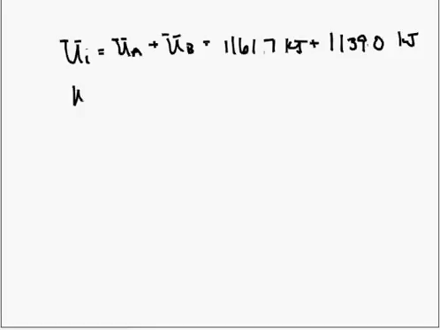And so U initial equals 2,300.7 kilojoules. Now let's go back to our statement of the first law, and we are ready to find our heat transfer.